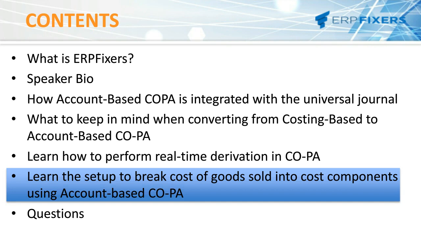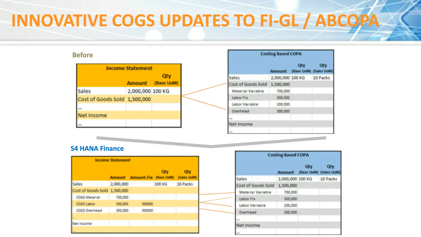Earlier, in the ECC version of SAP, the split of the COGS was available only in the costing-based CO-PA. It was not available with the account-based CO-PA. Now with S/4HANA, it is also possible with the account-based CO-PA. What you earlier used to achieve only with the costing-based CO-PA is now also available with the account-based CO-PA.